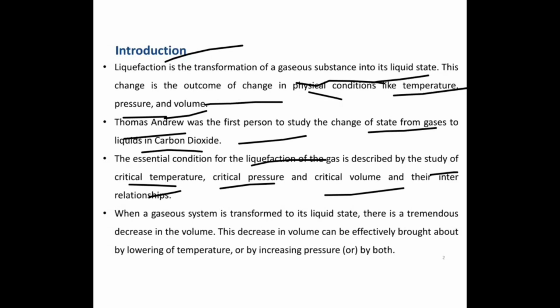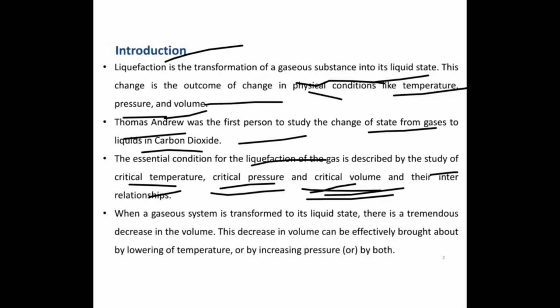So that is critical pressure and critical volume. The liquid will have a different volume when it is left to become gas, so changes in volume also take place when converting from gas to liquid. That is with respect to critical temperature, critical pressure, and critical volume.